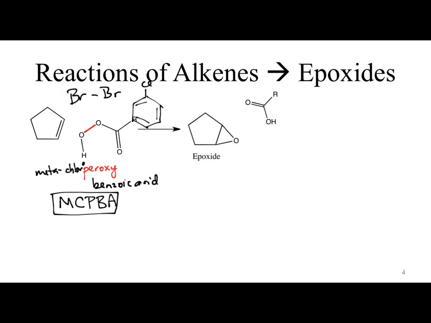mCPBA will react with alkenes to form the epoxide functional group. What ended up changing in this case? We took the electrons in our double bond, we shared them with oxygen, and then our oxygen shared electrons back to the other carbon in our double bond. Okay?